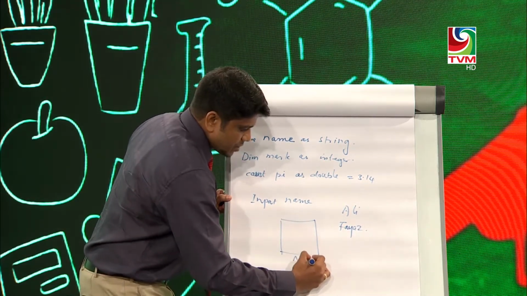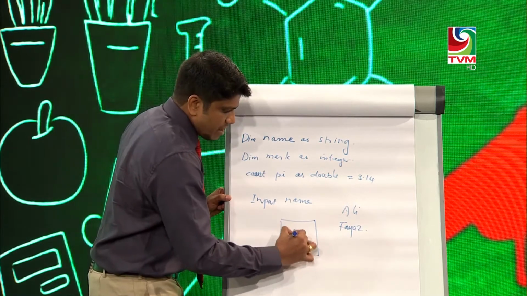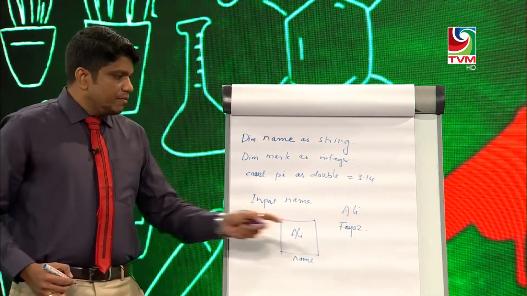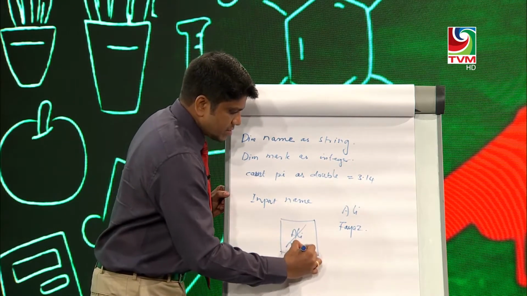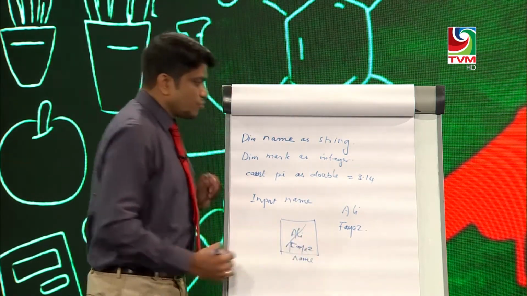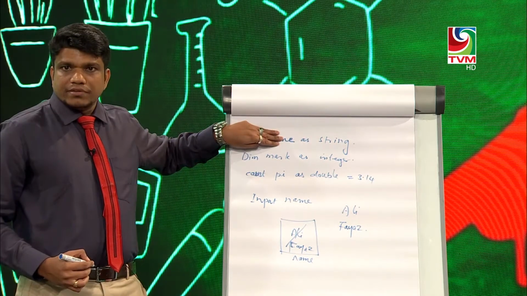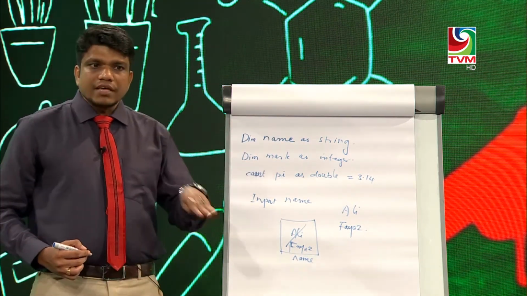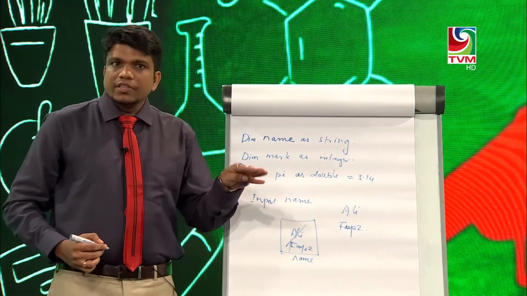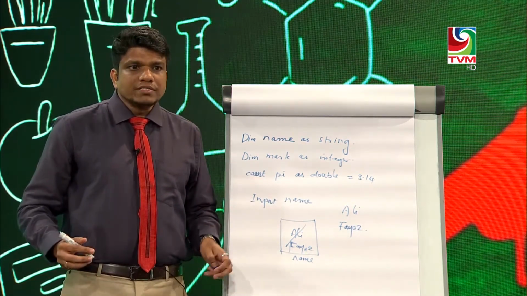The name of the memory storage is name, and I am giving Ali. Then when I am giving Fayaz, Ali will be overwritten with Fayaz. That is why it is known as a variable. But in the case of a constant, it always remains the same throughout the execution of the program.